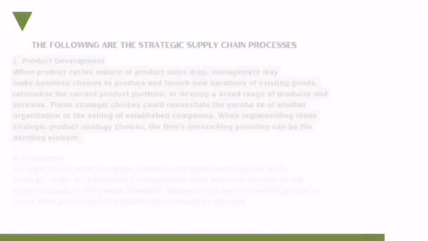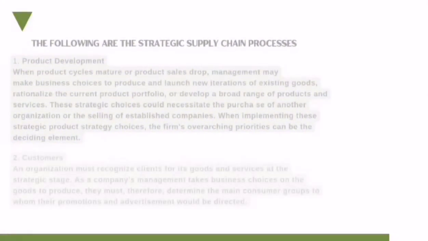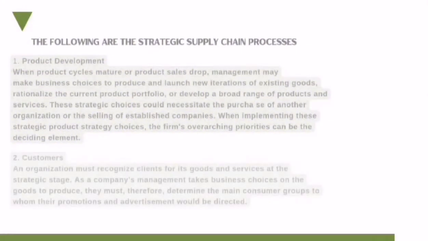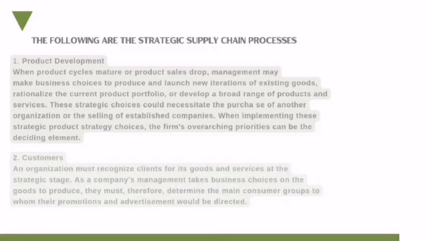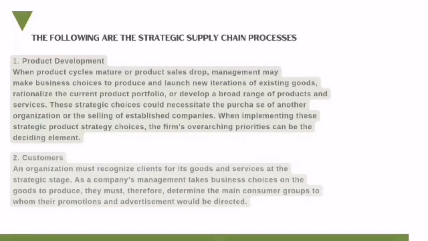So we have 5 supply chain processes that will apply to the whole supply chain. Among these are product development, customers, manufacturing, suppliers, and logistics. So first is product development.